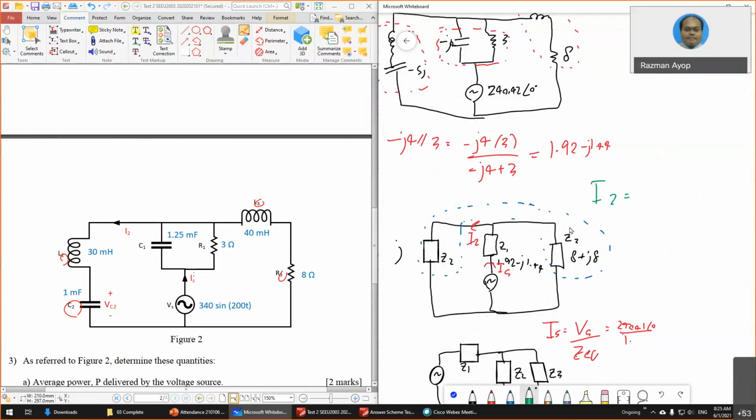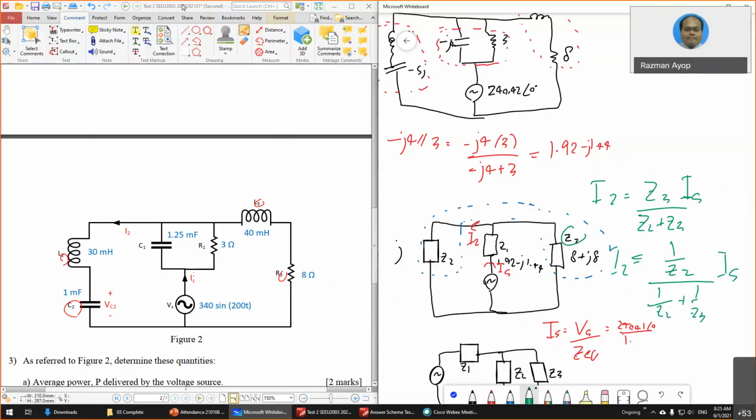So you have to use this value, Z3, the opposite position. So Z2 plus Z3 times IS. Or you can use another method: 1 over Z2, don't flip, this one you use Z3 and this one you use Z2. 1 over Z2 plus 1 over Z3 times IS. So either way you get the same answer.